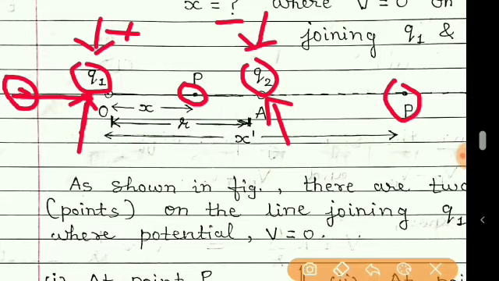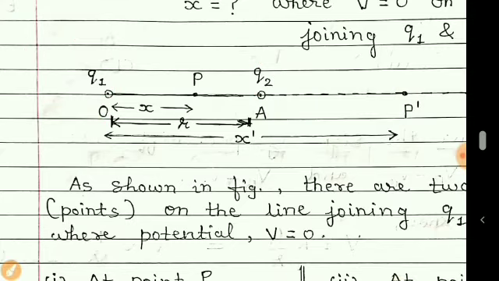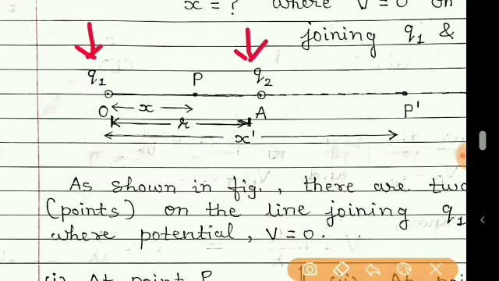If magnitude of Q1 is less than this, in that case at this point or towards this side the potential can be 0. But here in this case the magnitude of this Q2 was less than this, and so this point has the potential 0. I hope you understood this example.